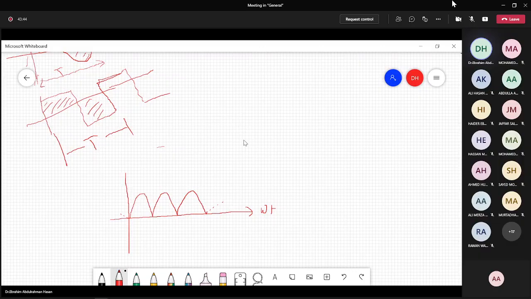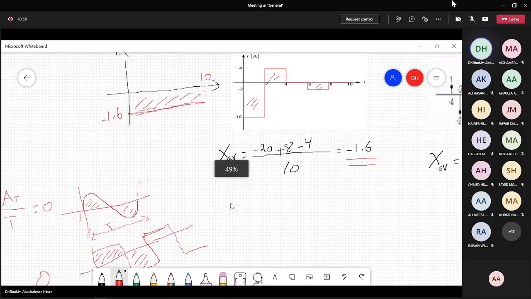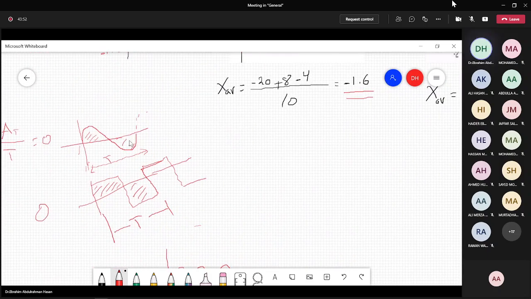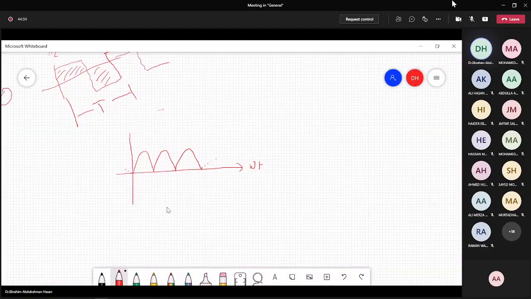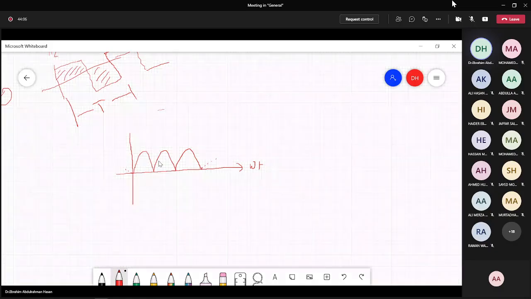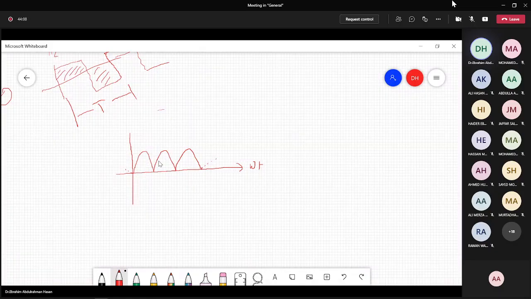So from here to here, in degrees it is equal to 360, then this is equal to 180. From here to here, this should be negative, but because I use a full wave rectifier, we always have positive.